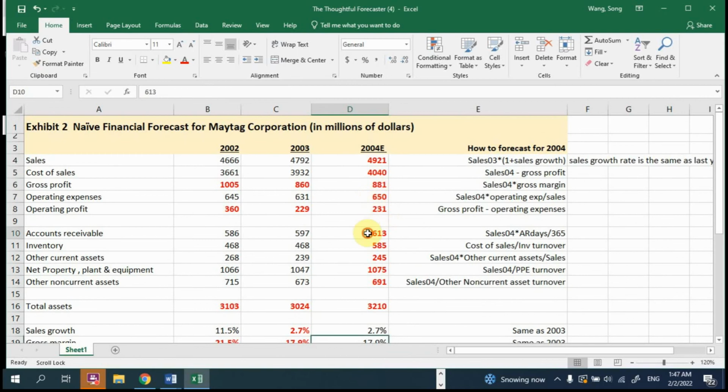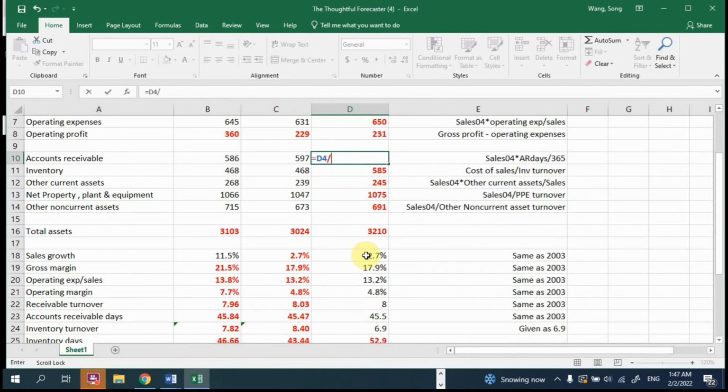So we can just use sales divided by 8. If we do that, you will see the number is slightly different, because in the textbook, the number given to you is 8. So we should maybe use 8.03 to be more exact.